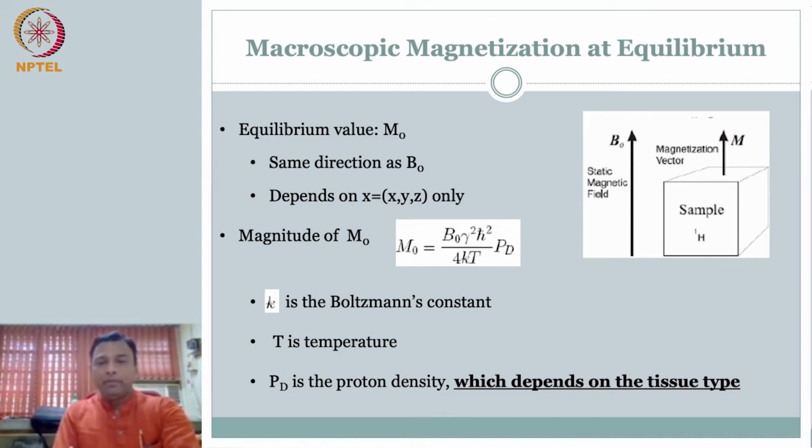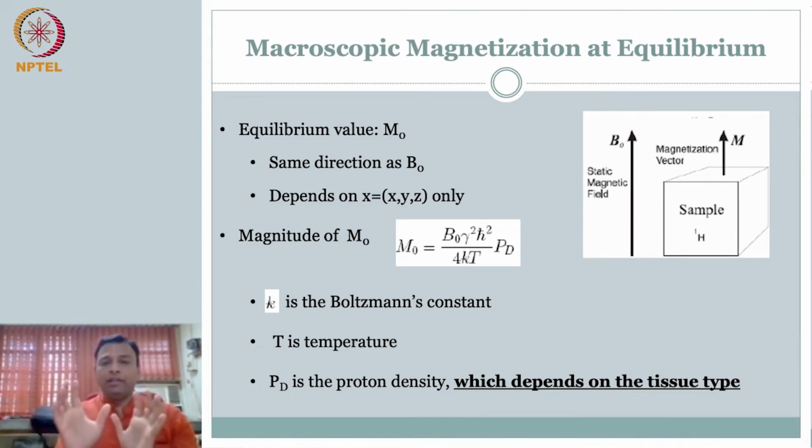So your net signal is directly proportional to PD. What is PD? Proton density. What do we mean by protons? Positively charged protons. In the case of a hydrogen atom, you have only one proton. So technically it is called proton density, but in our case we are doing hydrogen, so they loosely use it. They say proton density, given that for biomedical we are mostly interested in hydrogen.